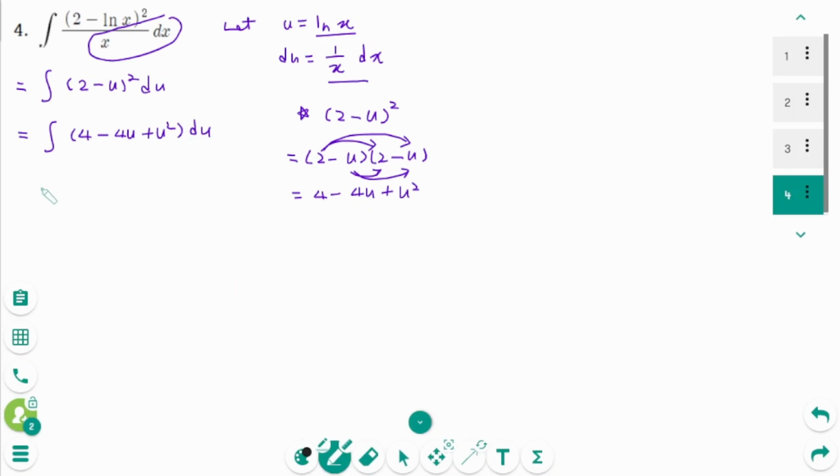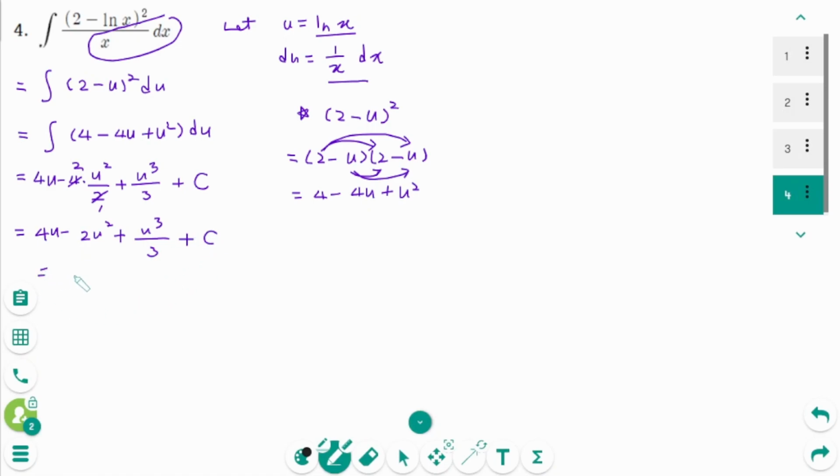Using the power rule for integration, equals 4u minus 4 times u squared over 2 plus u cubed over 3 plus c, equals 4u minus 2u squared plus u cubed over 3 plus c.